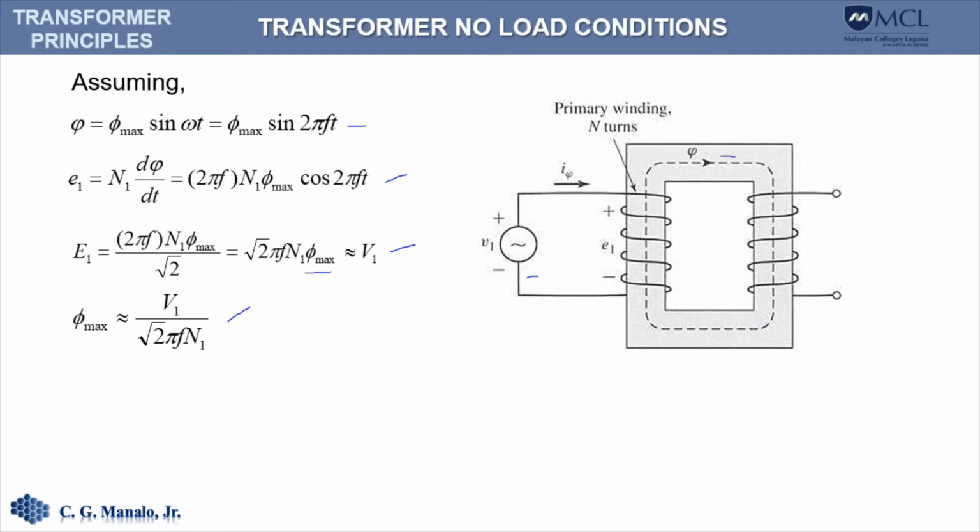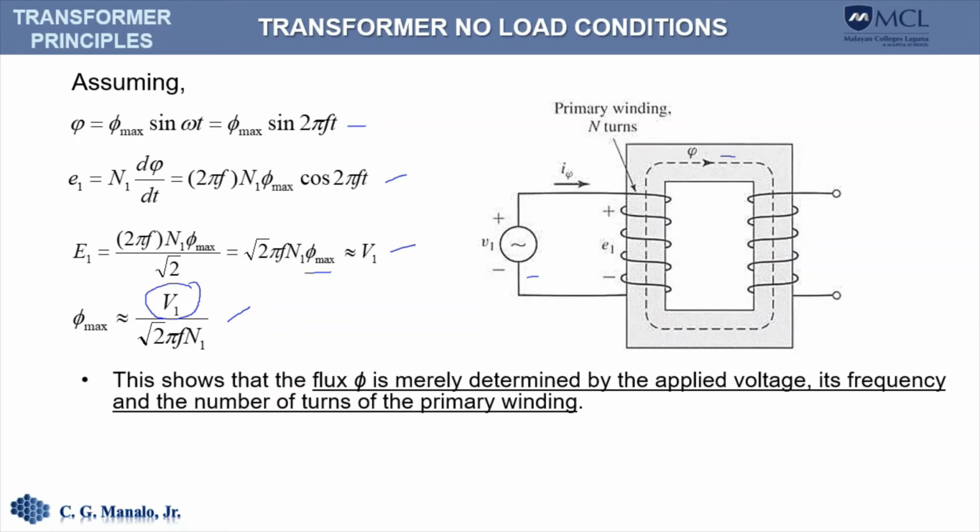And we notice that the maximum flux is simply due to the applied voltage. Therefore, we can say that the flux is merely dependent on the applied voltage. And it's not even shown here that the flux is dependent on the exciting current.